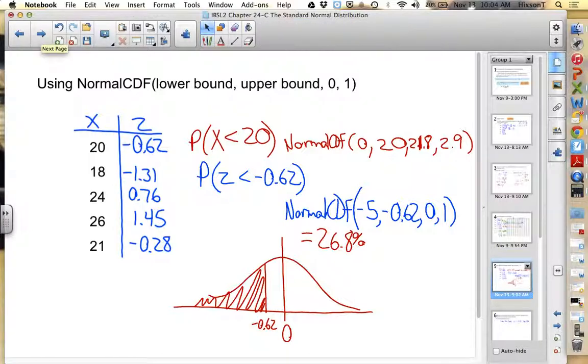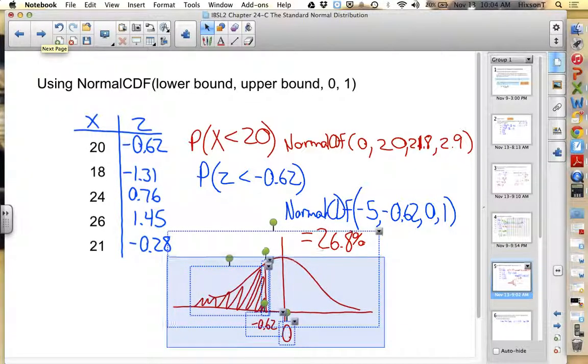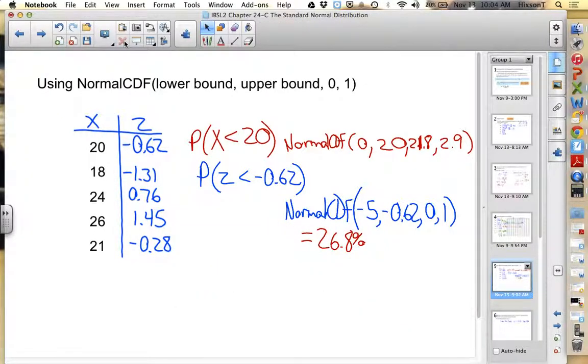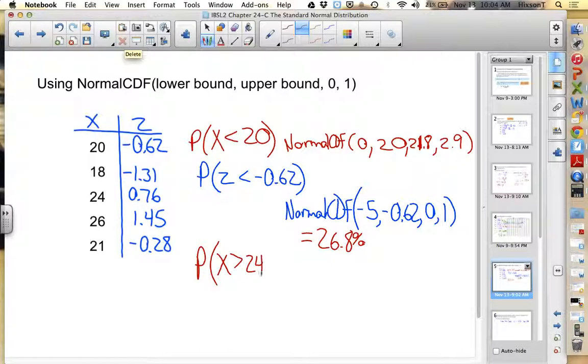All right, let's try a couple others here. Let's say I wanted to find the probability that our score was greater than 24. How would I do that?